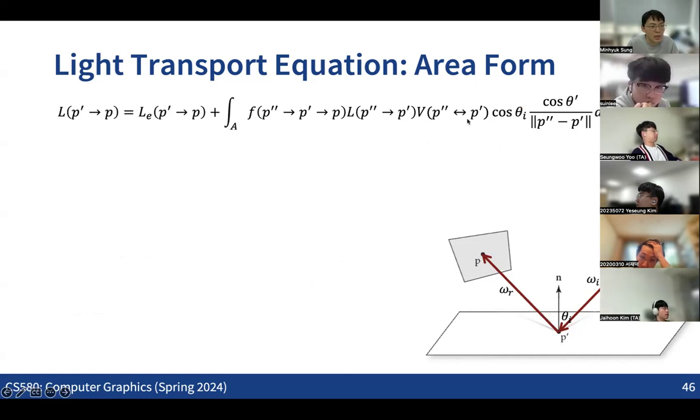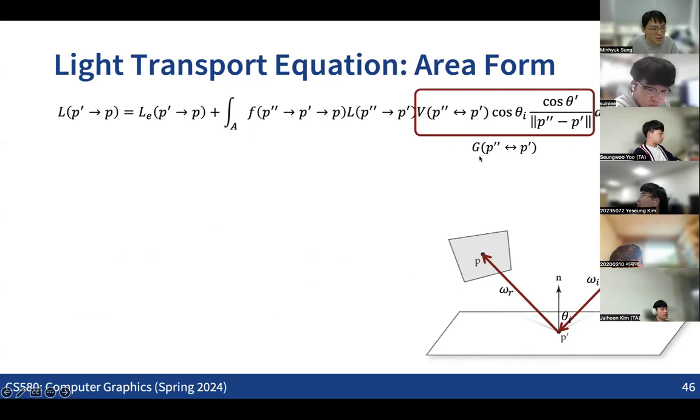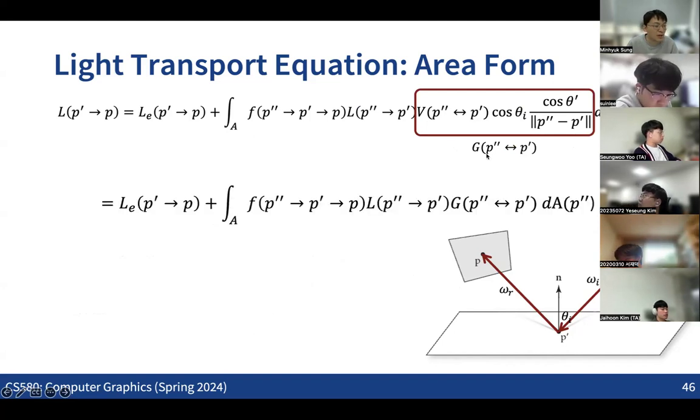We can see that now we have the visibility term here, and we replace the differential solid angle with the differential of the area here. For simplicity, let's also introduce another term, G here. Then we can write the LTE in the area form like this. Make sense? Simple.